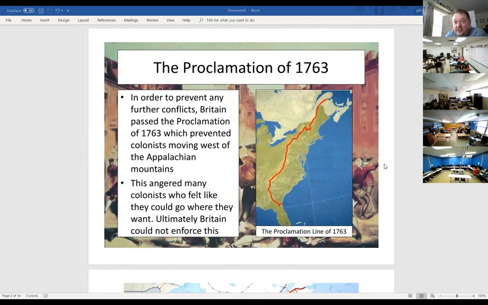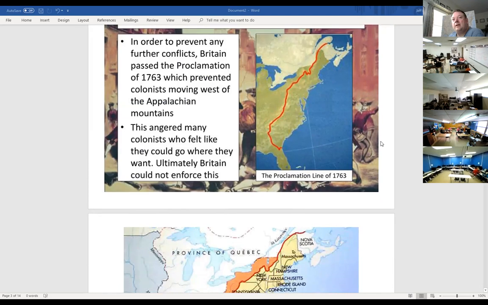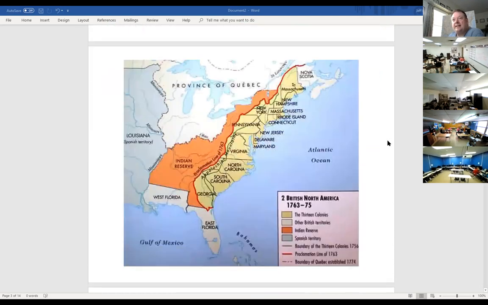And we're going to tax them too, to help with the war debt. This was not something that the colonists embraced, of course.